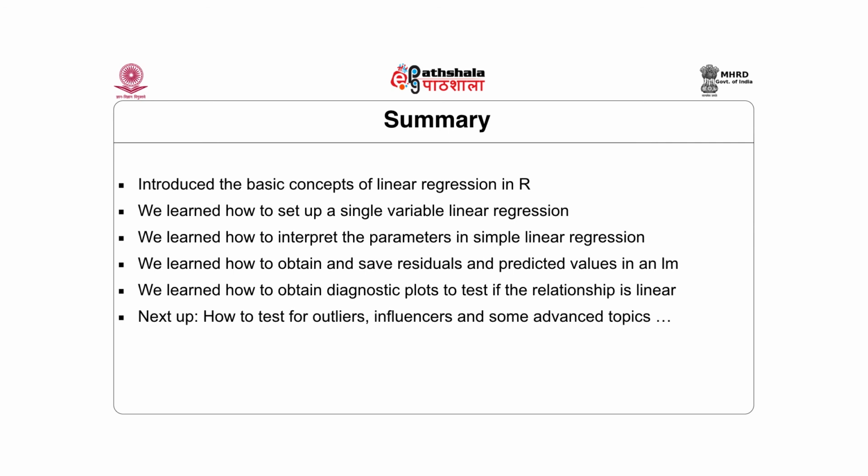We got some ideas how you can interpret the parameters in simple linear regression using R. The idea is that you will save the linear model itself in an object, and then you can test some outliers, influencers, etc. But we're going to take a look at this in the next phase. So thank you very much for paying attention.